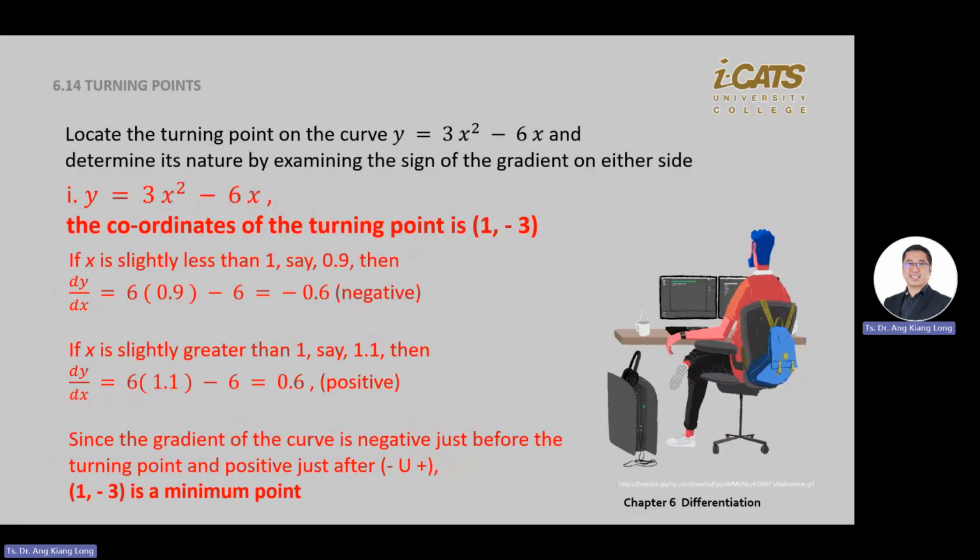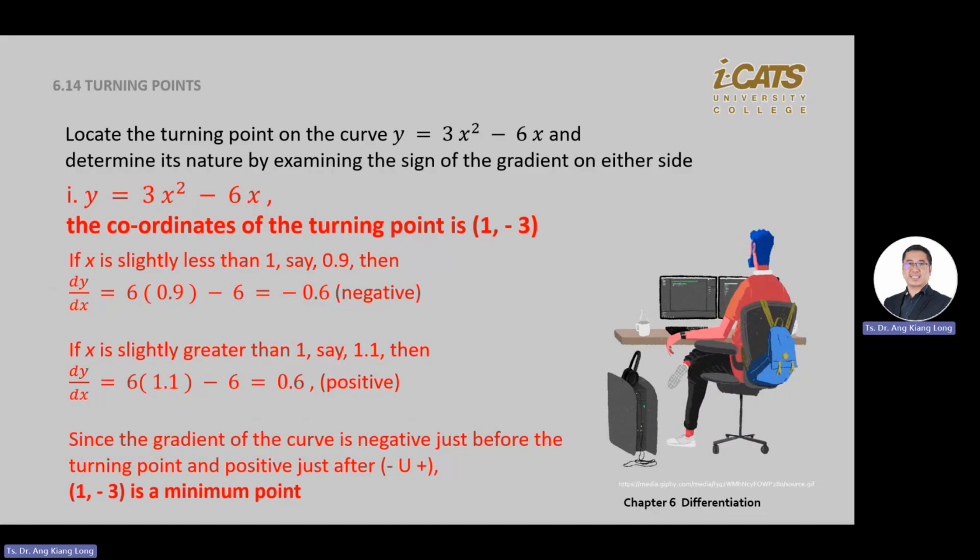You substitute them in and get your gradient. On the left, your gradient is negative. On your right, your gradient is positive. Negative then positive means minimum. On the graph, you can roughly sketch the gradient. So here you can write based on this hypothesis.